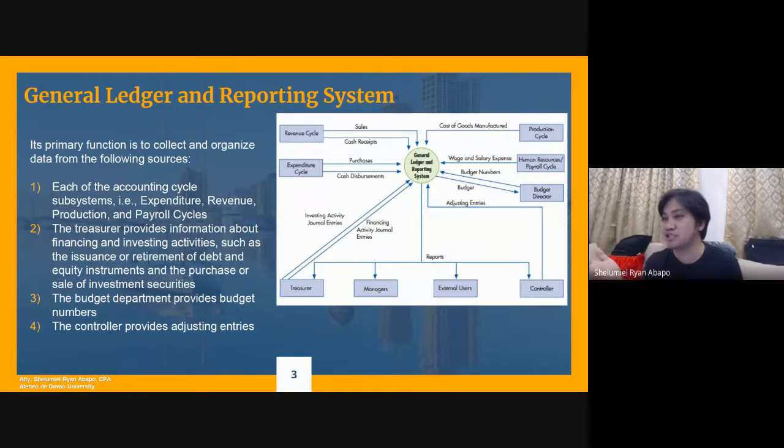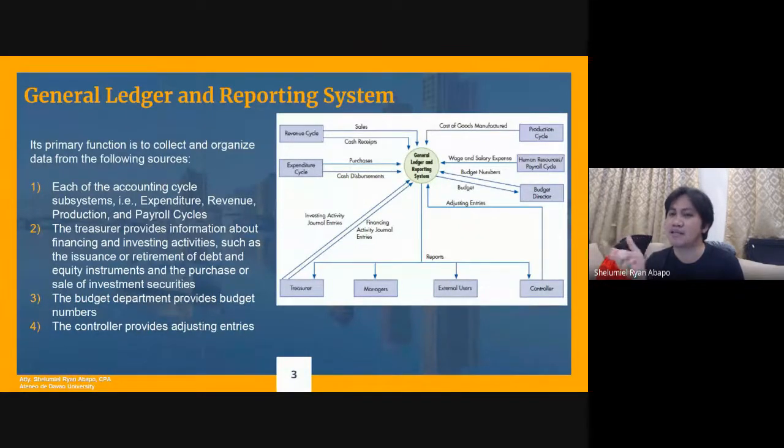And then we have the production cycle, the production of materials, plus the recording of different costs comprising the products that are being manufactured. And then, of course, the management of our human resources, the tracking of their attendance and work schedules, and then the preparation of the pay slips, as well as the payment of their wages and salaries. All of these are transactions that create journal entries. And therefore, all of these transaction cycles are sources of data that are recorded in the general ledger.